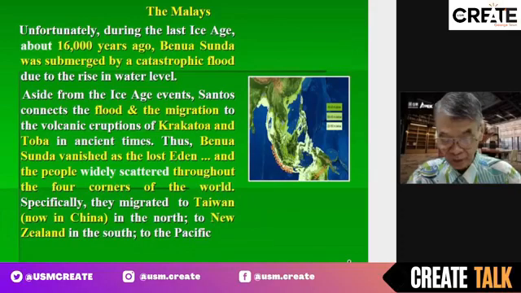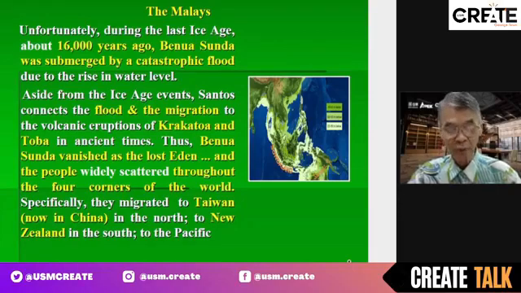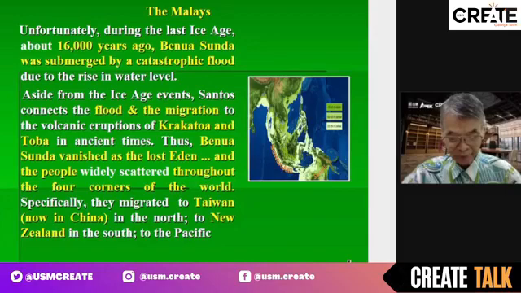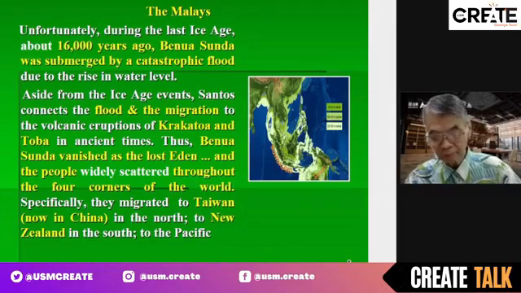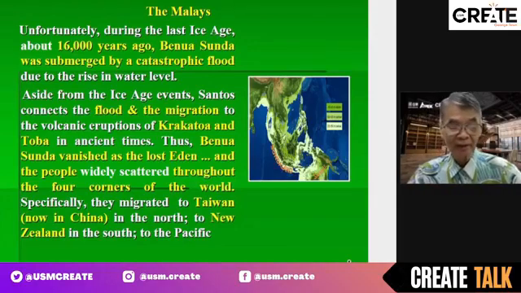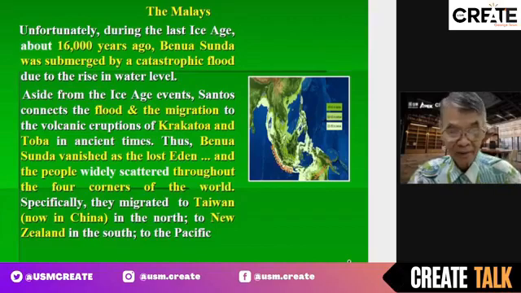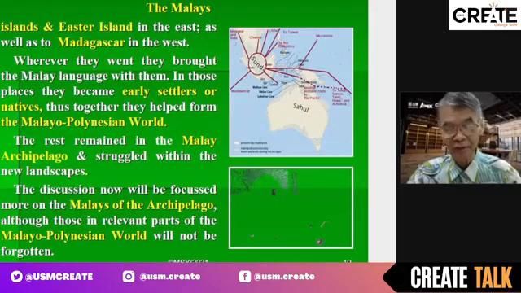Thus, Benua Sunda vanished as the lost Eden, and the people widely scattered throughout the four corners of the world. Specifically, they migrated to Taiwan, now in China, in the north, to New Zealand in the south, to the Pacific Islands and Easter Islands in the east, as well as to Madagascar in the west. Madagascar is just beside Africa.